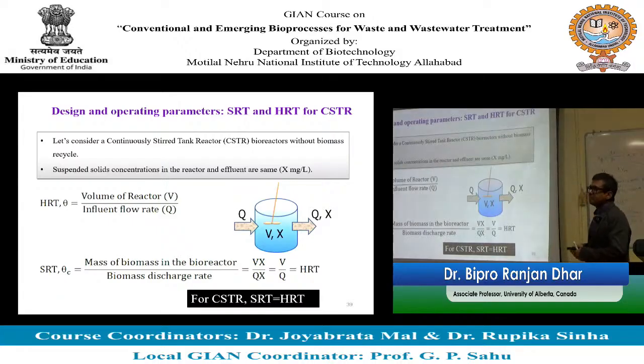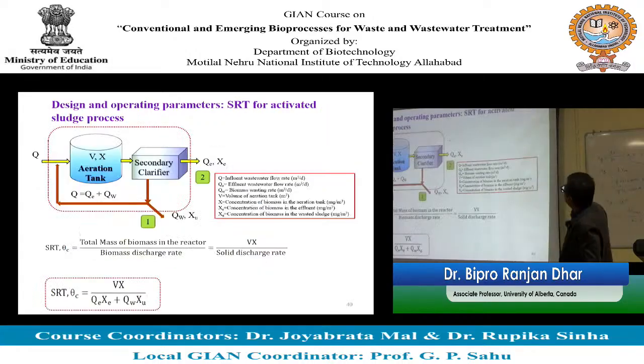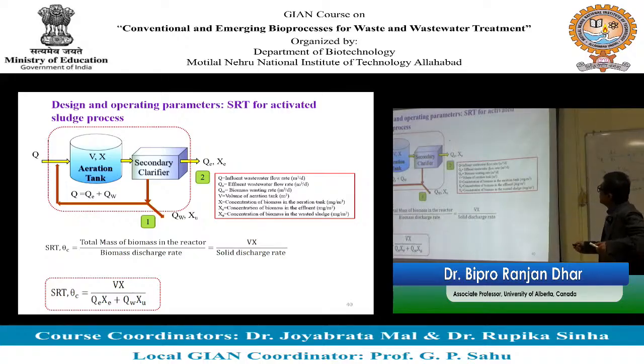Okay. So now for the activated sludge process, let's say we have wastewater flow rate Q, we have an aeration tank which is completely mixed, we have a secondary clarifier, and the final effluent flow rate is QE, and in the effluent our biomass concentration is XE, and our discharge rate is QW. So we are taking some sludge out, and that settled sludge concentration, XU, obviously is going to be higher than what you have in the reactor, right?